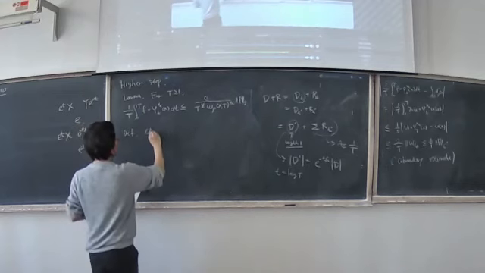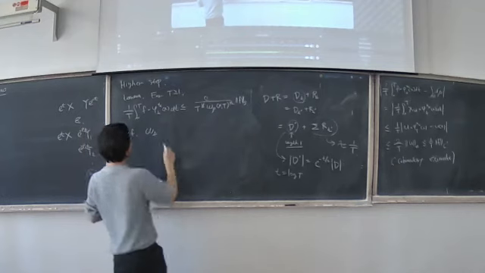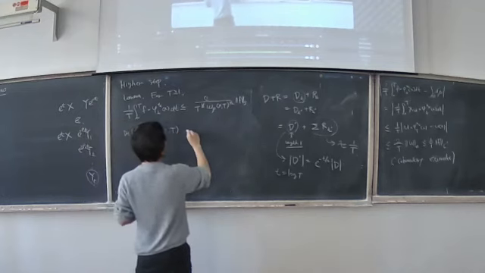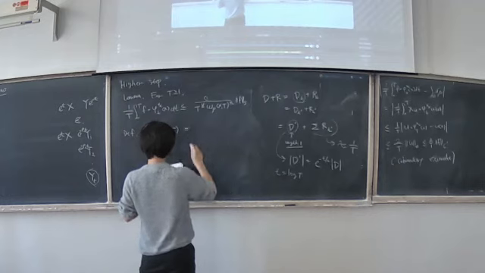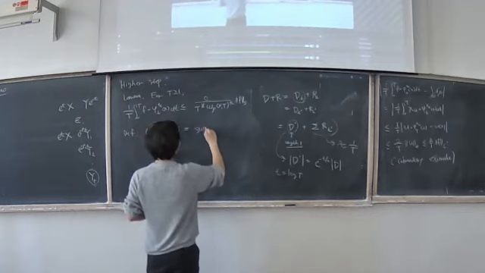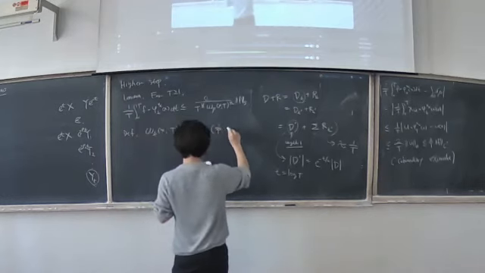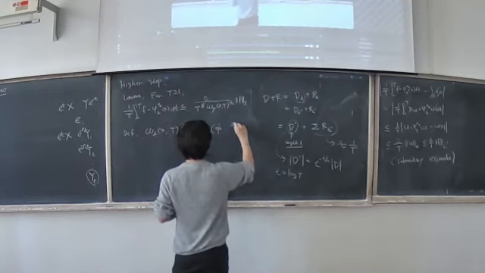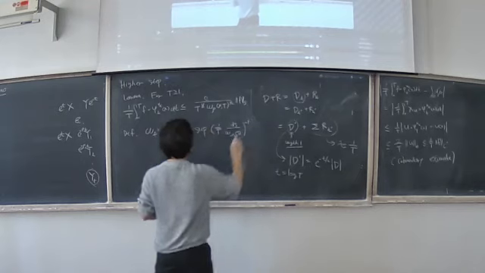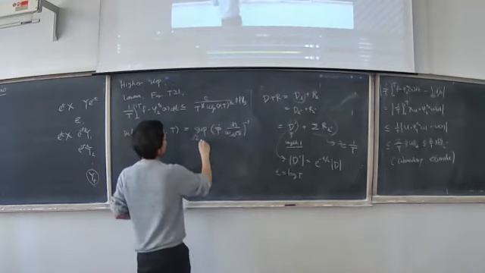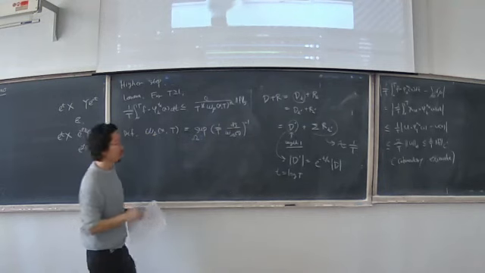W of F is called... so here omega is a tubular neighborhood.